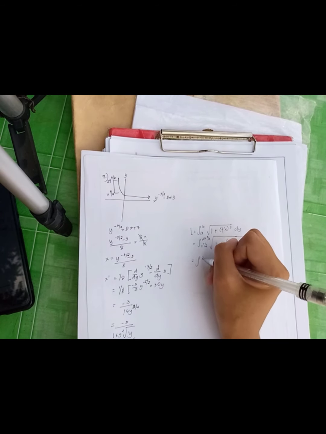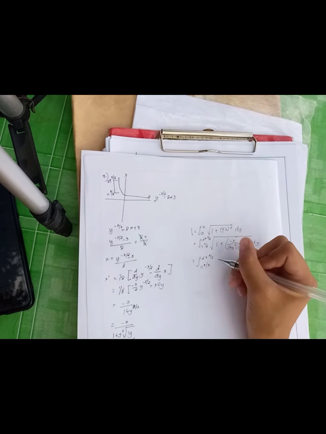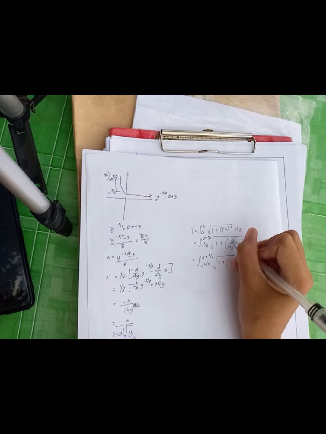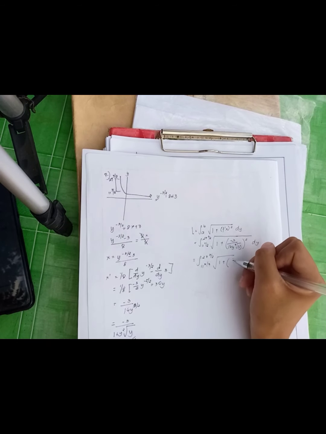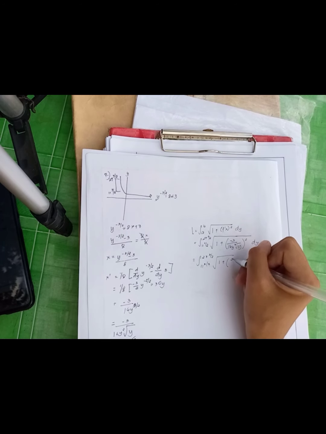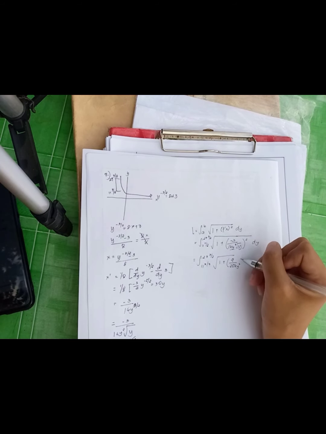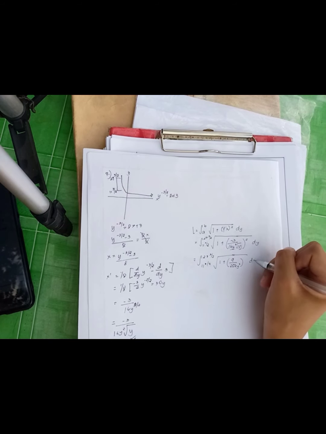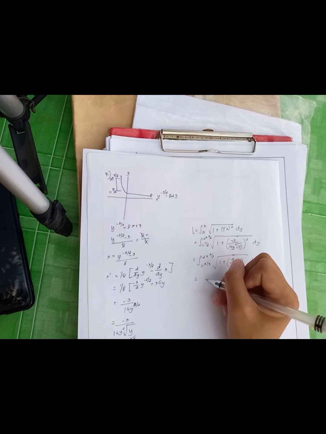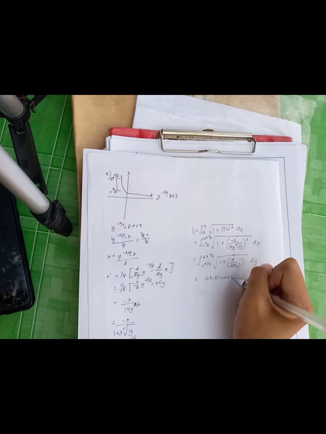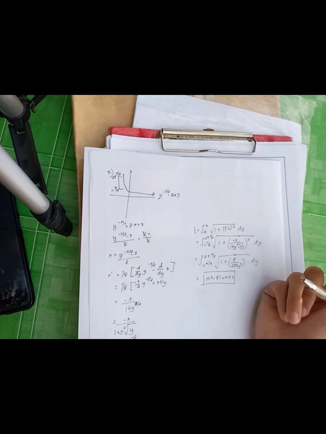In simplification, negative 3 times negative 3 is equal to 9, over 256 y cubed, dy. So our length is 103.81 units. So this is the final answer.